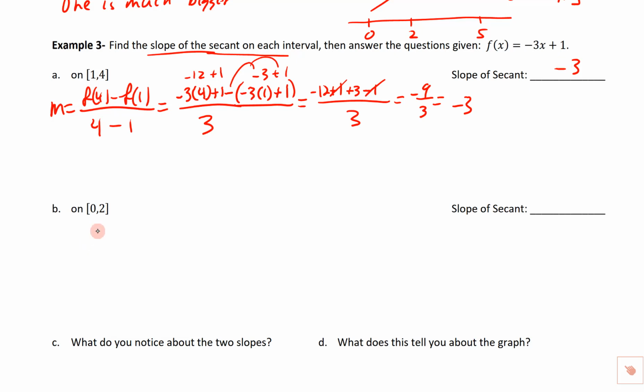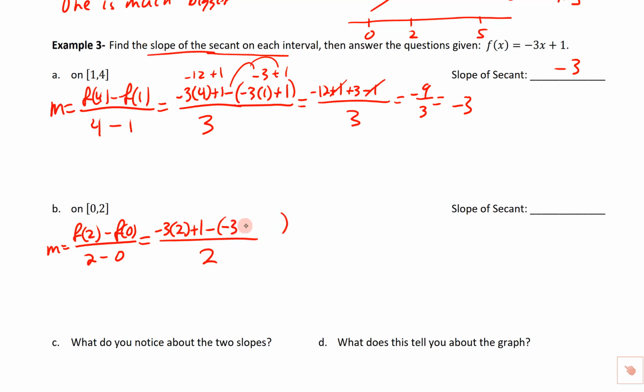Let's do the same thing for the interval from 0 to 2. So again, the slope is going to be, I'll do a 2 minus 0 here, then we're going to do f of 2 minus f of 0. Again, same calculation, same process every single time. So the denominator is going to be a 2 here. We're going to plug a 2 where there was a 4, and we're going to plug a 0 where there was a 1. So I'm just going to do -3 times 2 plus 1 minus this stuff in parentheses.